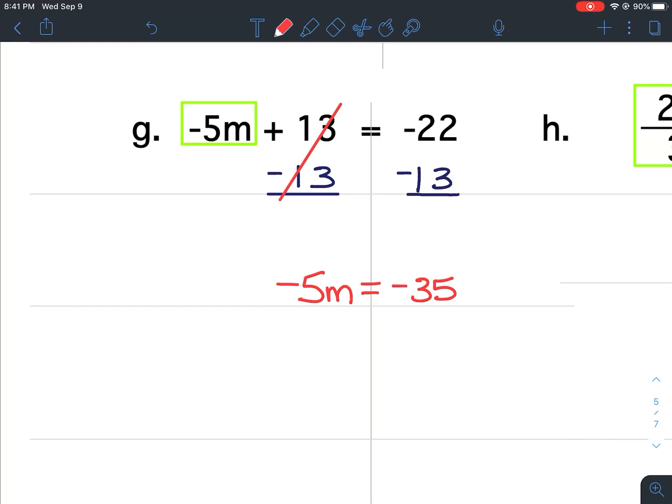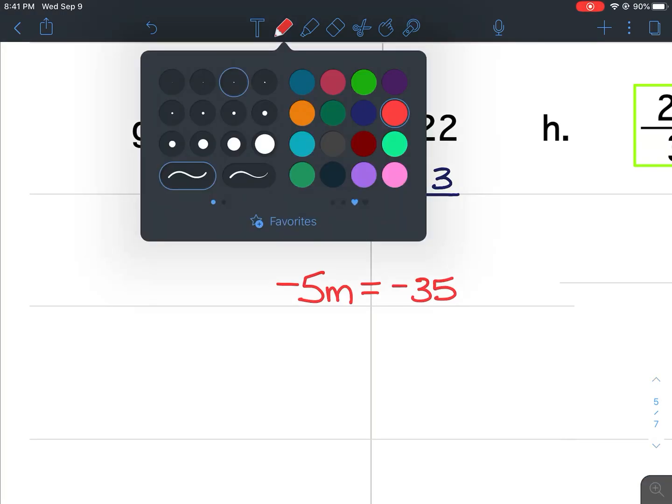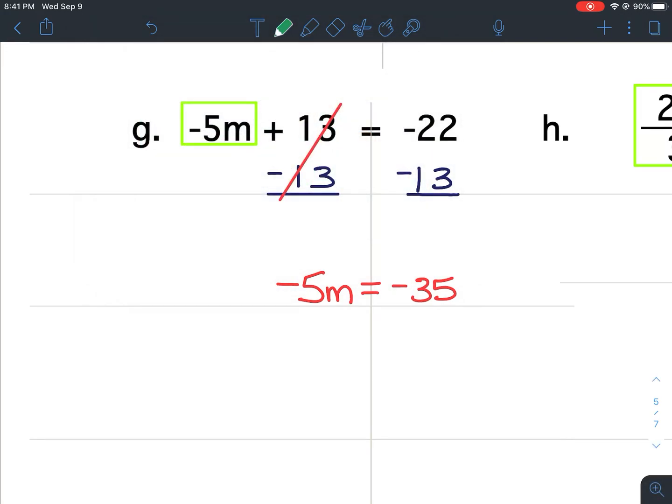Again, use your calculator to do that. Would I love for you to be able to do that in your head? Yes. And can you try it? Sure, but always double check yourself by using the calculator, because messing up a sign will mess up the entire problem. All right, this is multiplication. So the opposite, or the inverse of multiplication, is division. So I'm going to divide both sides by the number with the variable. The number with the variable is negative 5.